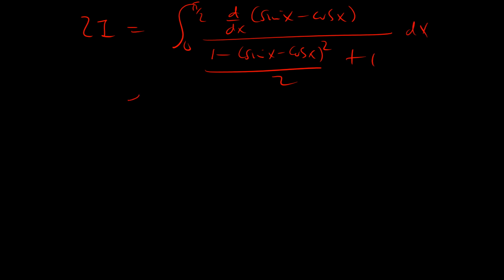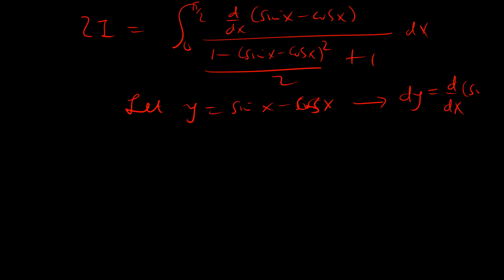So if we say let y be equal to sine x minus cosine x, dy is equal to the derivative of sine x minus cosine x dx. So this part here can be substituted for dy.